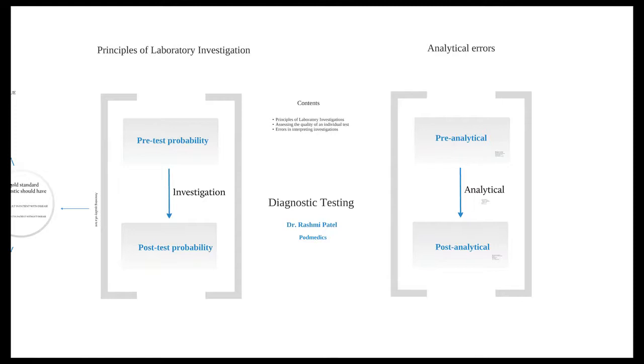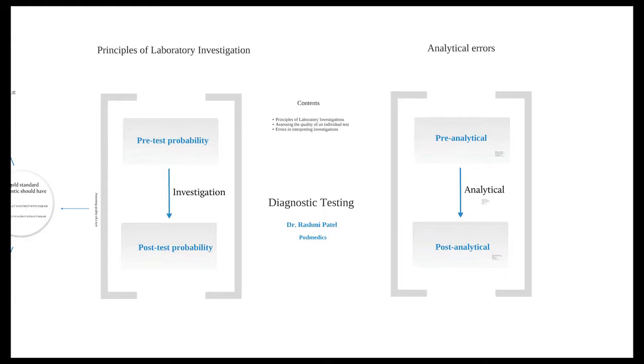So in summary, in this podcast I've covered an overview of why as clinicians we use laboratory tests, and ways in which you can help assess the quality of an investigation and see if actually a test is going to be useful in a particular clinical setting to help establish or refute a diagnosis.